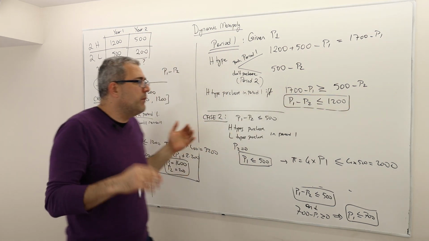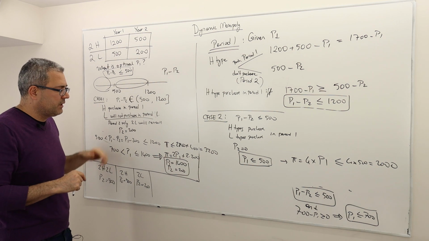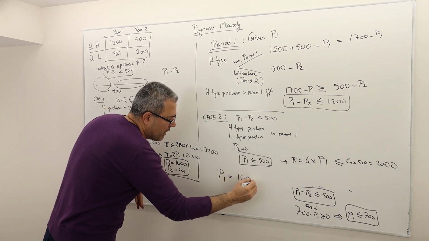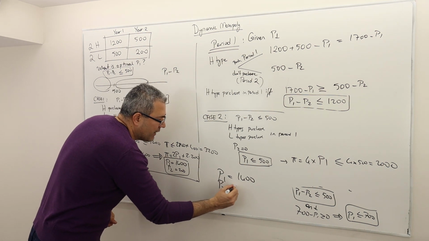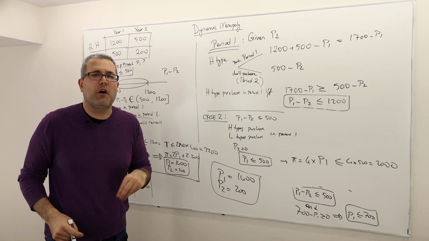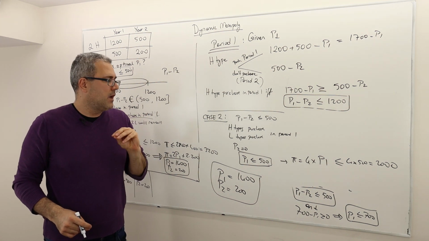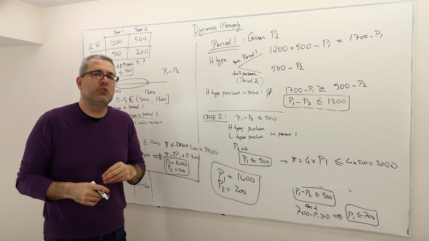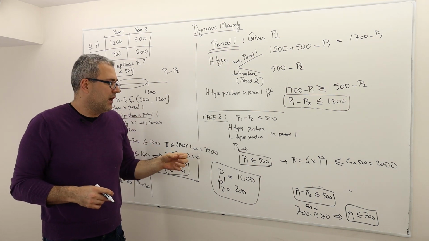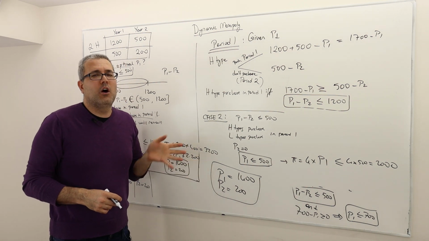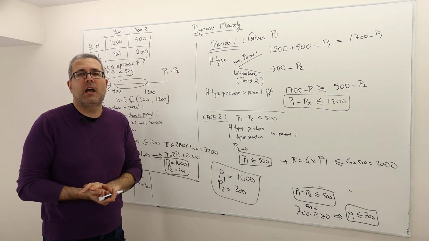In fact, we pin down the exact values. In equilibrium, P1 has to be 1400, P2 has to be 200, because those prices maximize the profit of the monopolist. And so these are the only subgame perfect Nash equilibrium outcomes of this game. I hope that was clear.